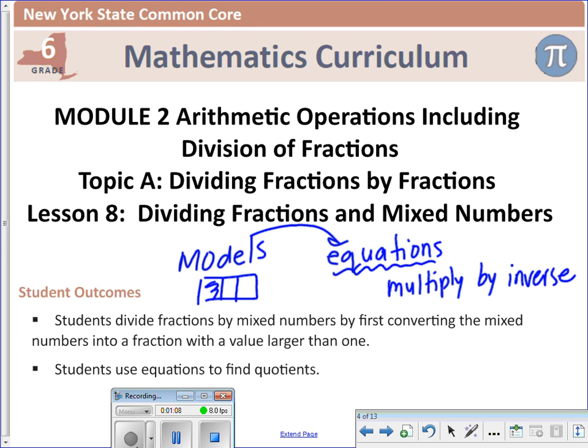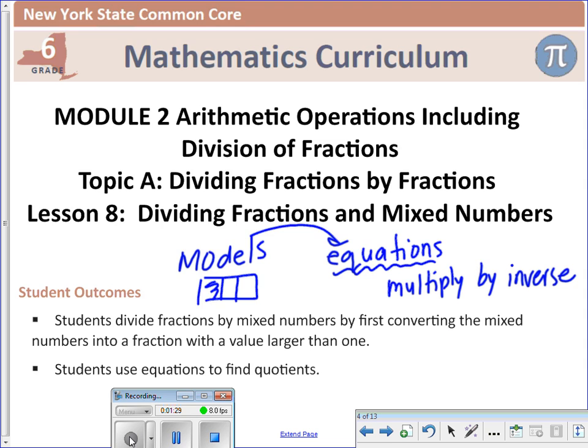Okay? We're going to do one example, and then we have a matching activity for you to practice multiplying by the inverse. But all those other steps, all those other models led us to this using the equation. So now you know not just what to do, but what it means.